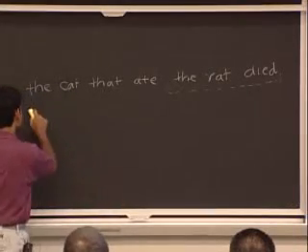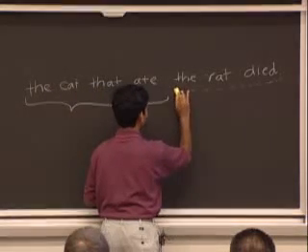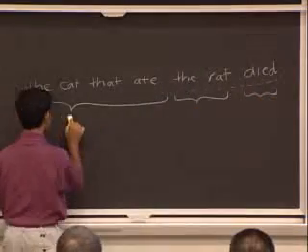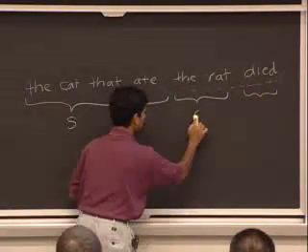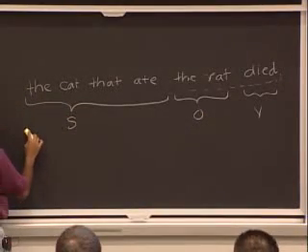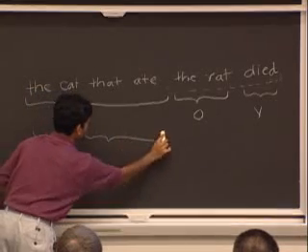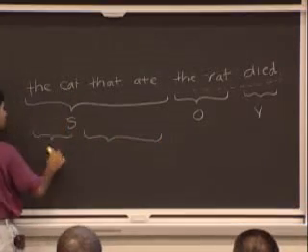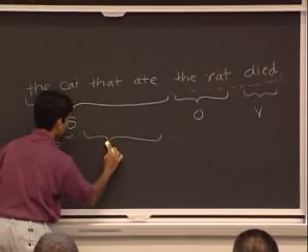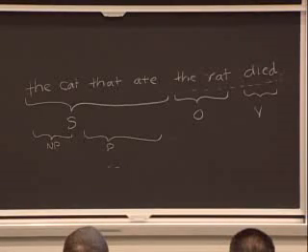So what's really going on here is the cat that ate the rat died. So this is subject, object, verb, and the subject itself consists of the cat that ate. So within the subject there's a noun phrase and there's a predicate. Anyway, so that's a parse tree for English.